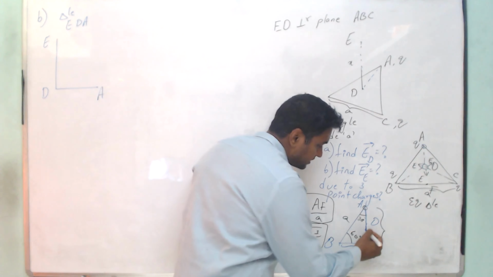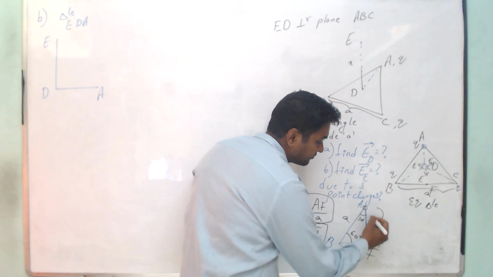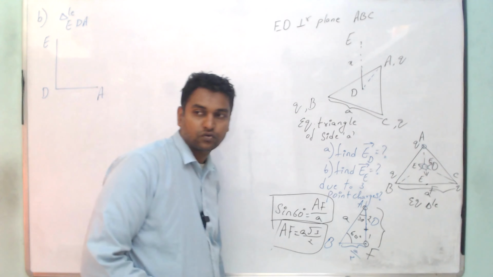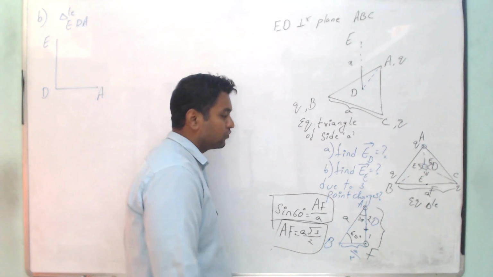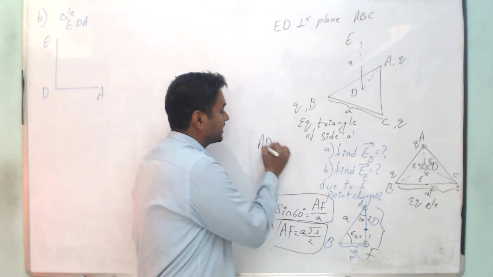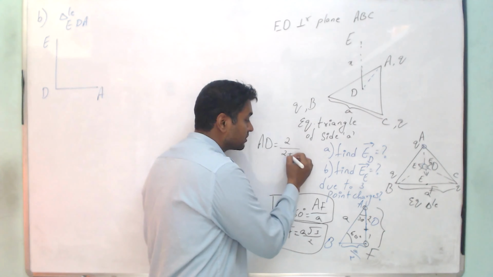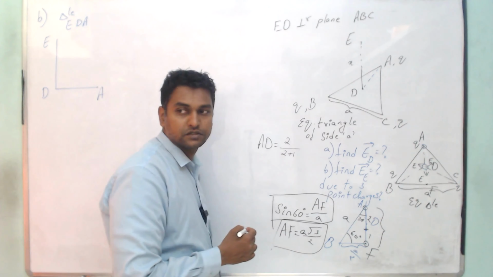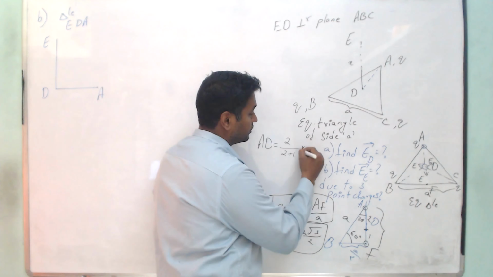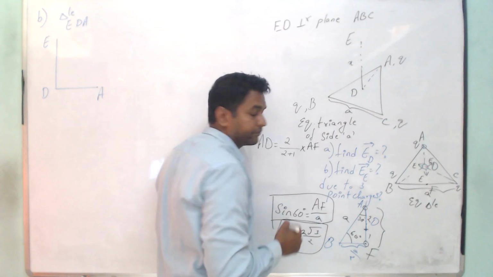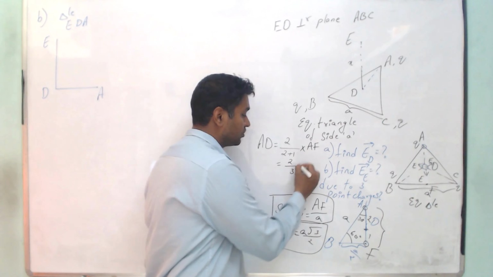Next, the center of an equilateral triangle divides this AF in a 2:1 ratio. Therefore, my AD is, by ratio and proportion, 2 divided by 2 plus 1 into the total length AF, which is nothing but 2 by 3 of AF.